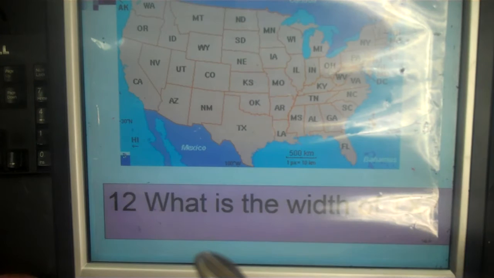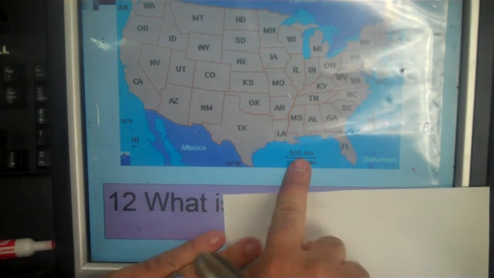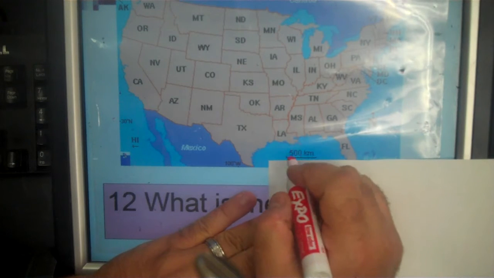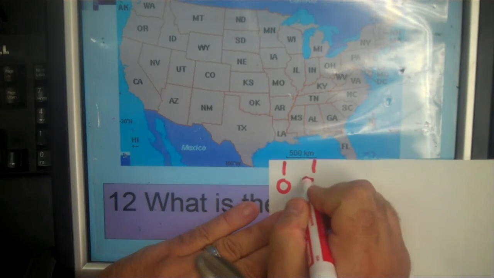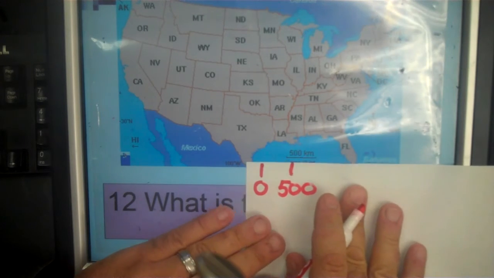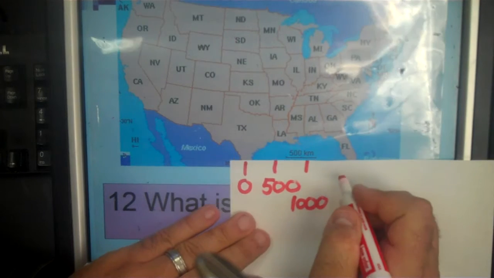Number 12. What is the width of Texas? We have a new map, so we have to draw a new scale. Down here is the scale. So I put one end of it being 0. The other end I'm going to label 500. And then I slide it over and make a few more. The next one's going to be 1,000.